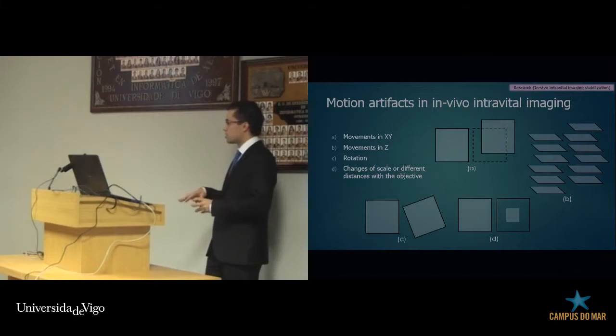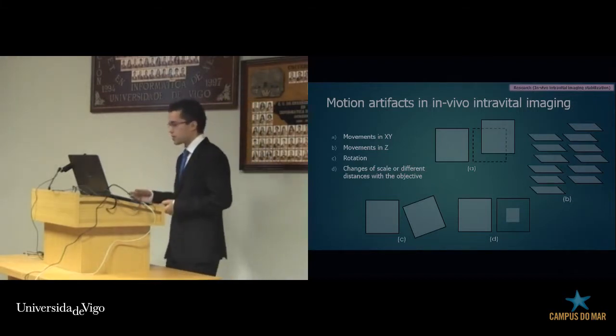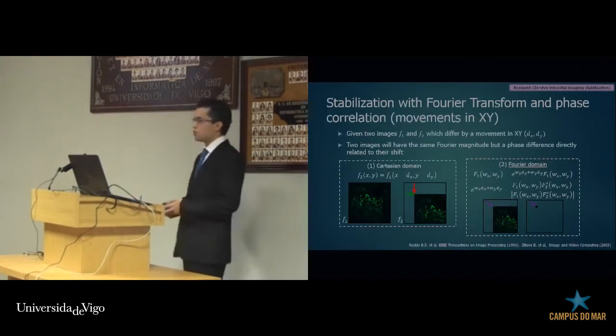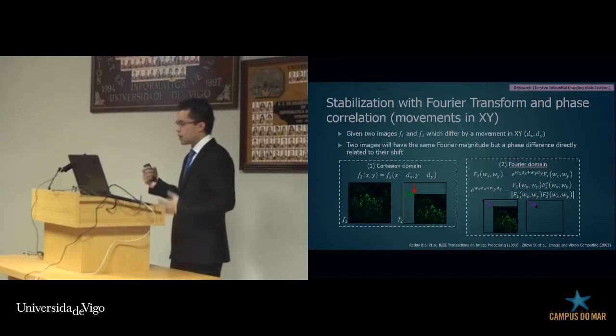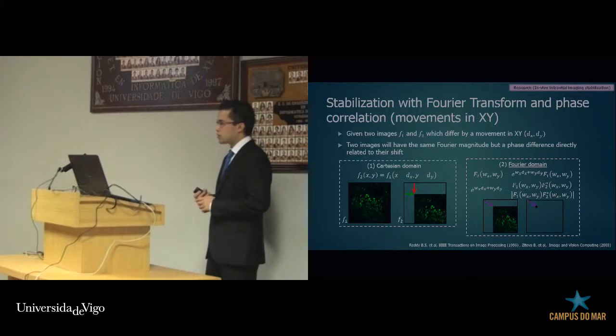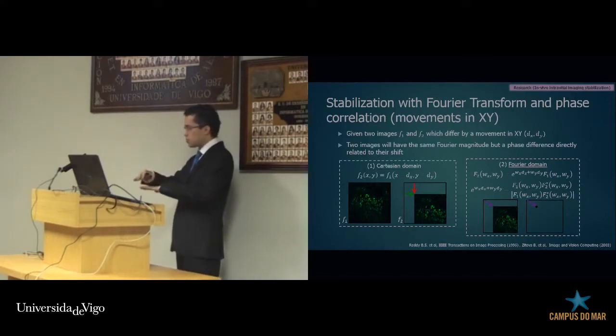So you have something like a change of scale, but it's not a change of scale. So if you have two images with a displacement and a motion, you can use a simple convolution. You have one image and another image, you do a convolution, and you obtain the best matching.